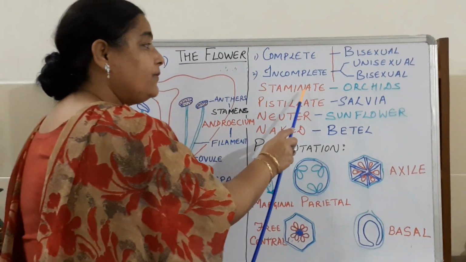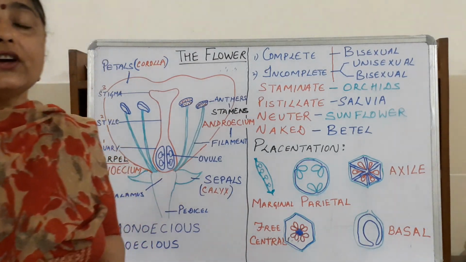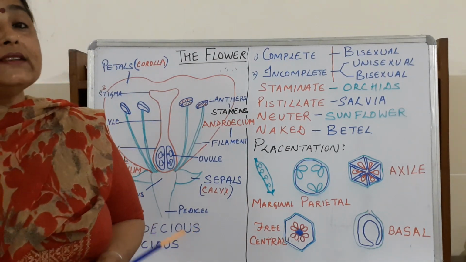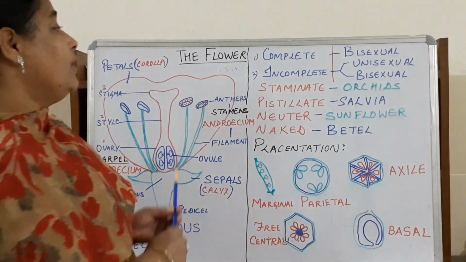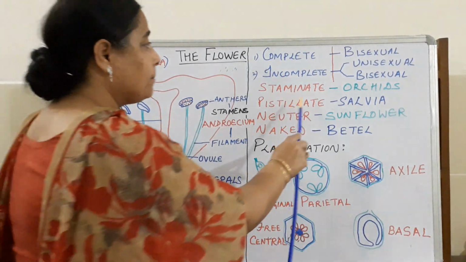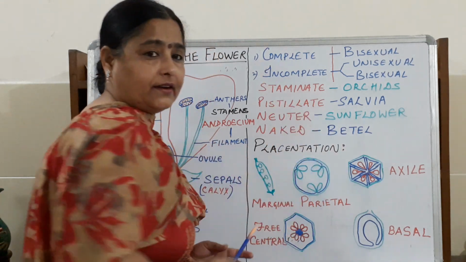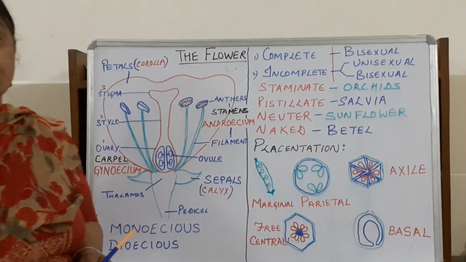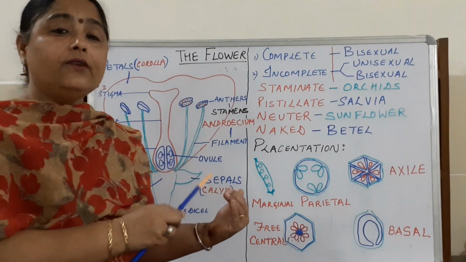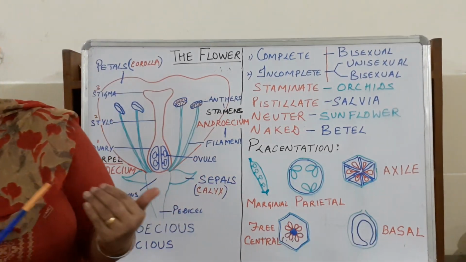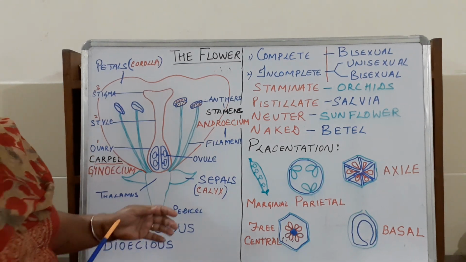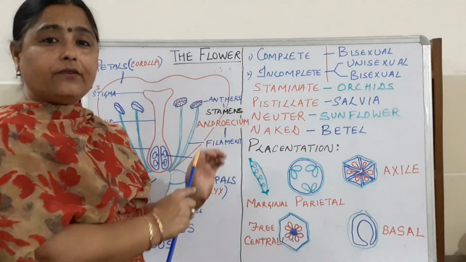Now, staminate flowers are those flowers which have the androecium in them, and the gynoecium is either absent or non-functional. Examples are orchids and salvia. In the same way, pistillate flowers are those flowers in which the male parts, that is the androecium, are non-functional or missing, and the carpel is well functional.